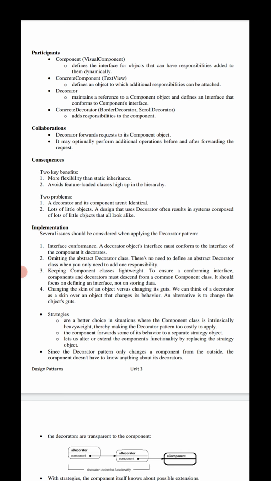In the sense, a decorator acts as a transparent enclosure. But from an object identity point of view, a decorated component is not identical to the component itself. Hence, you should not rely on object identity whenever you use decorators.